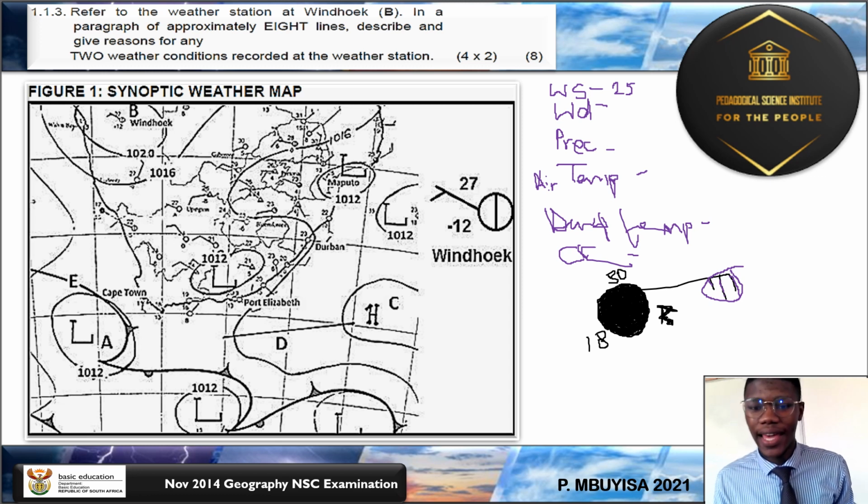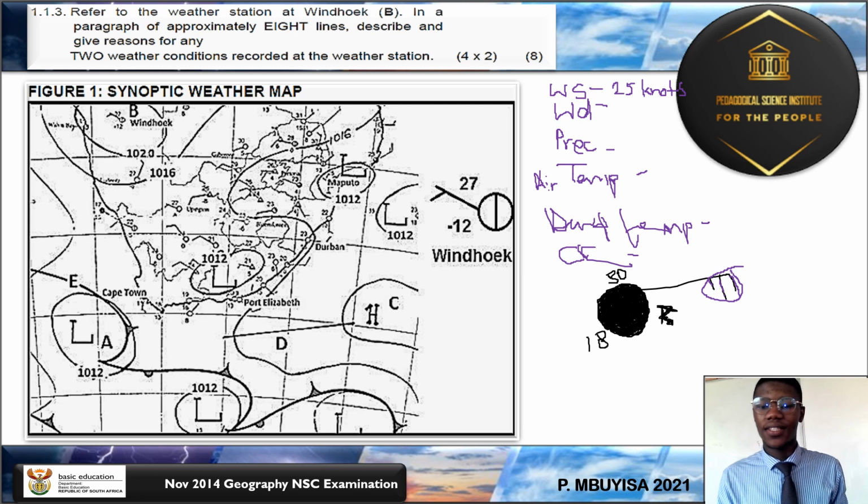And again, we have wind direction. Remember, guys, you need to always write your units, of course. So that is 25 knots. And then we also look at wind direction. In which direction is this facing?